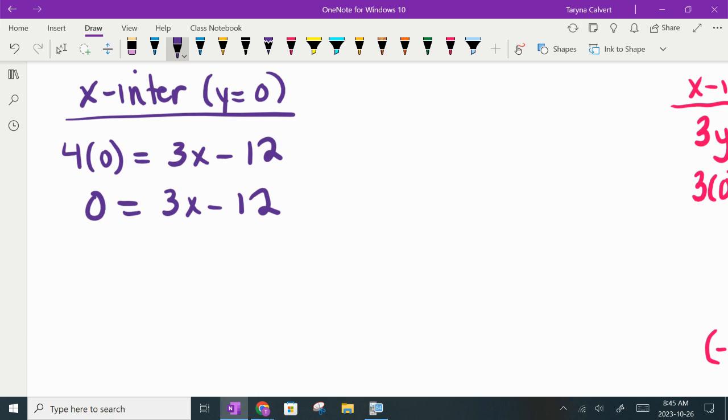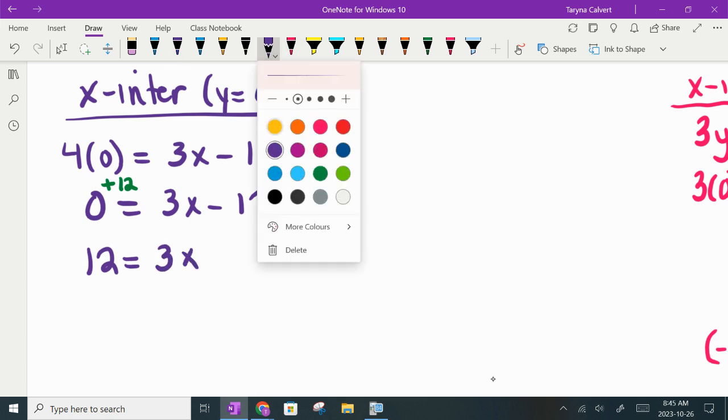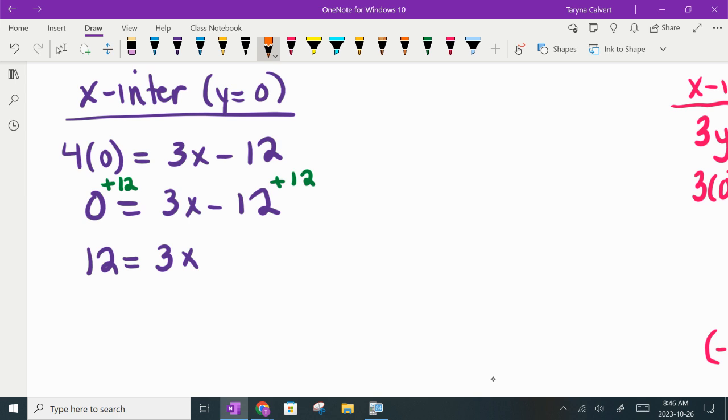So let's do it in steps. So I have to get rid of the minus 12 because I need to isolate x. So 0 plus 12 is 12 equals 3x. And then I can divide both sides by what? Good.